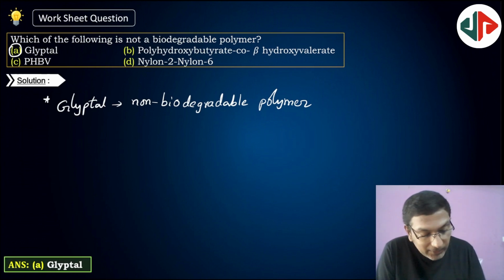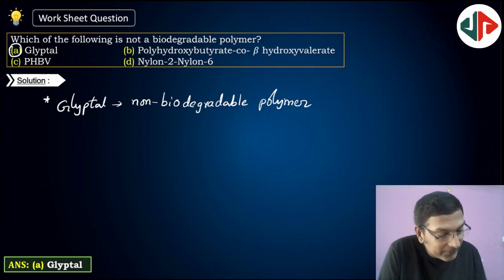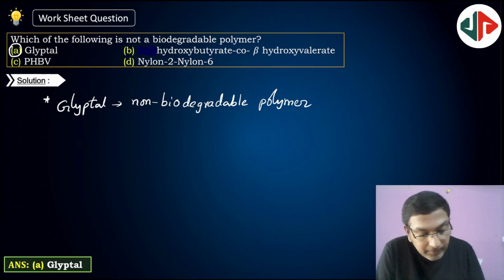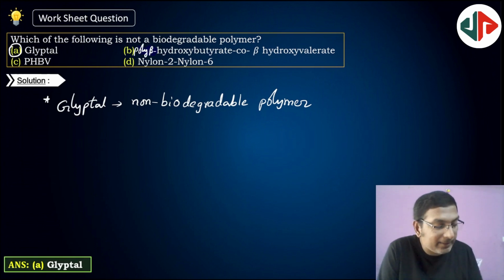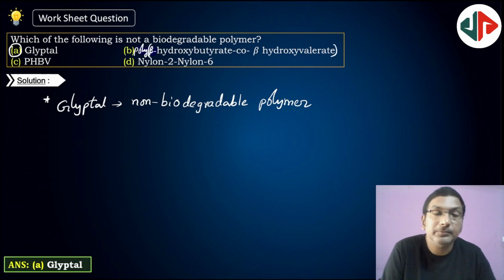So here one more correction is there. Poly beta hydroxy should be there here. Poly beta hydroxy. This is nothing but PHBV. So except glyptal, remaining all are biodegradable.